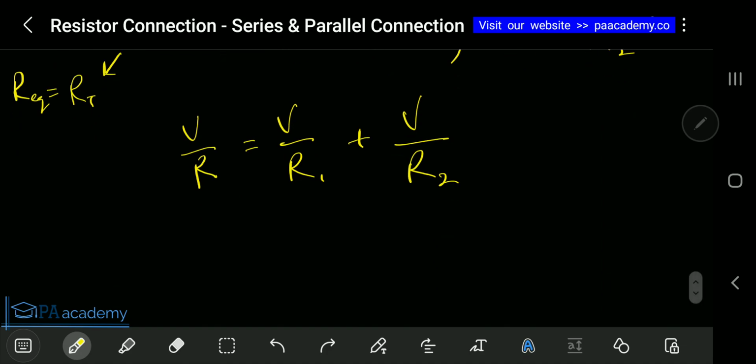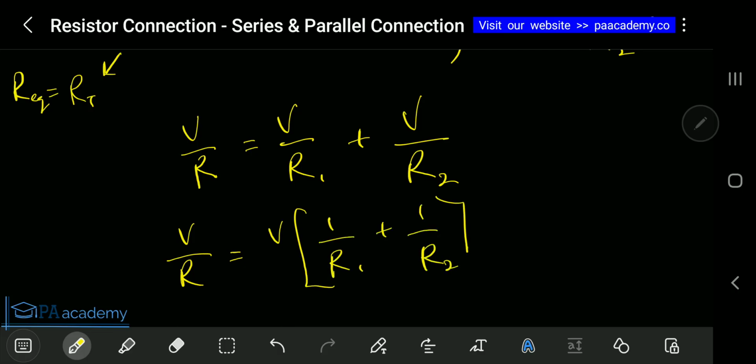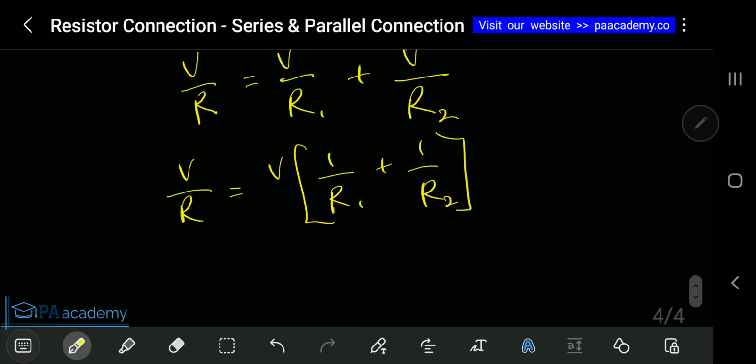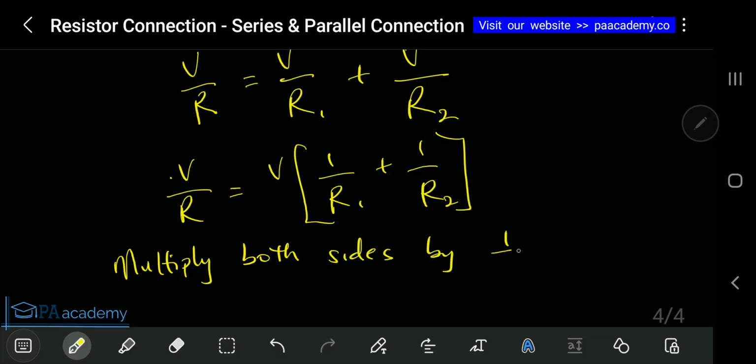So V over R equals V, let's put that into brackets, 1 over R1 plus 1 over R2. To cancel out this V, since they are the same, let's multiply both sides by 1 over V.